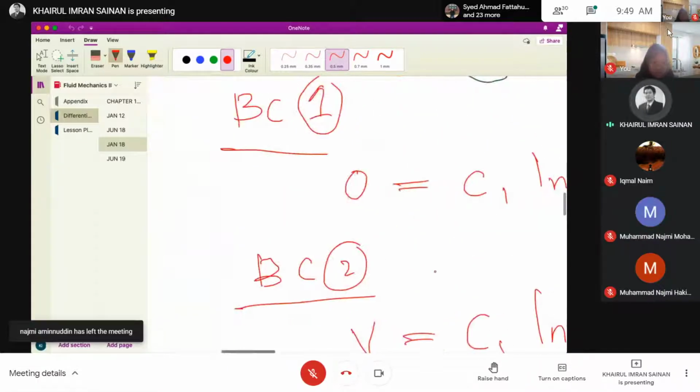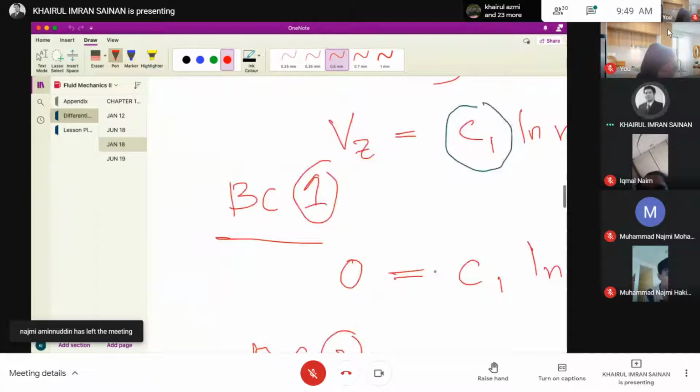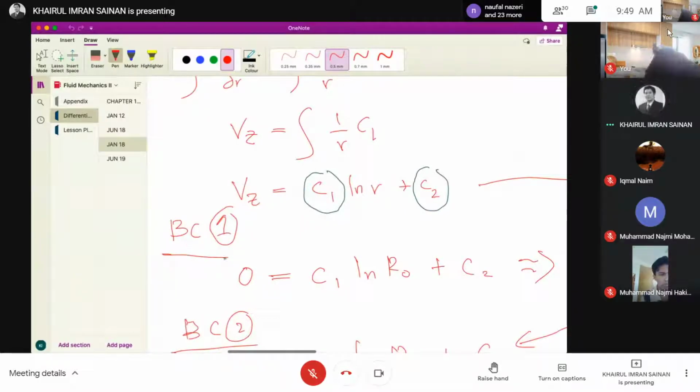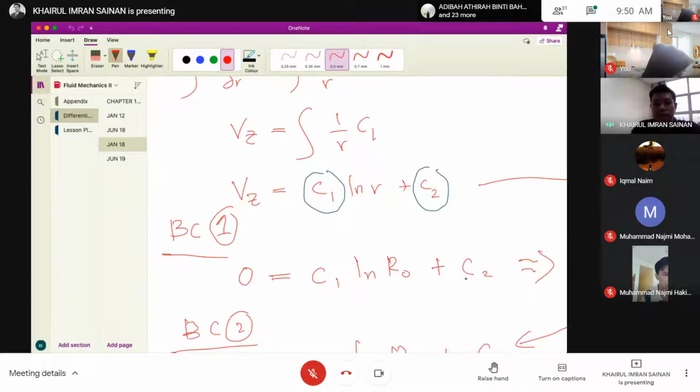So next you're going to apply the boundary conditions to the equation. BC1: VZ equals to 0 equals to C1 ln R outer plus C2.